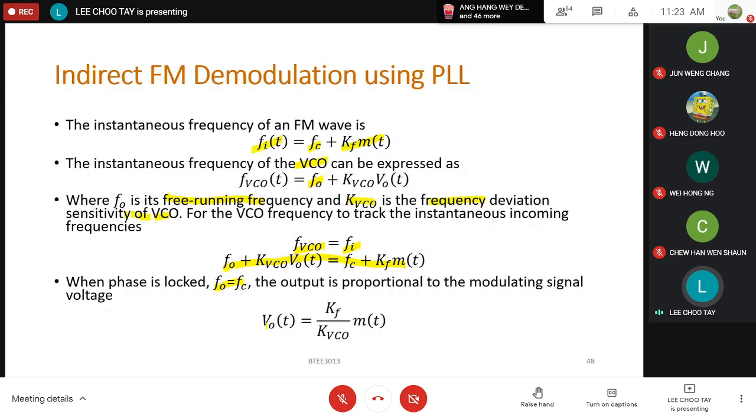Therefore your v_0, the output voltage, is a linear version of your m(t), where K_F and K_VCO are both constants. So basically your output signal is proportional to the original message signal.